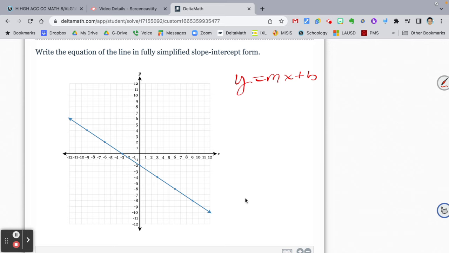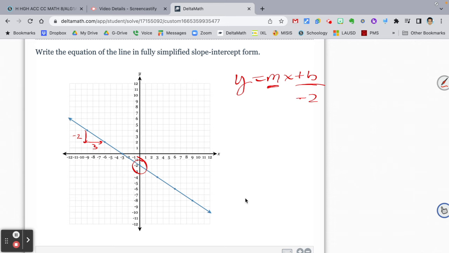So we need to find the slope and the y-intercept. Y-intercept's easy. Where are we crossing the y-axis? -2. And now let's find the slope. They're even nice enough to give us points. I'm going to pick one furthest to the left. And I see that I go down 2 and to the right 3.